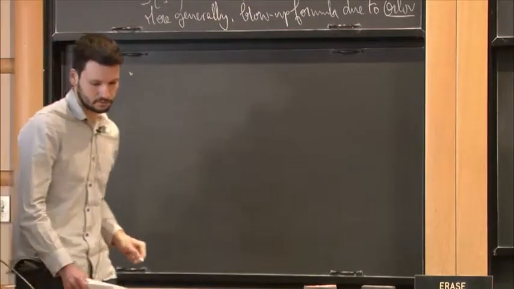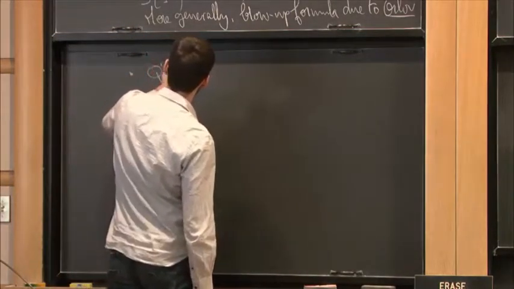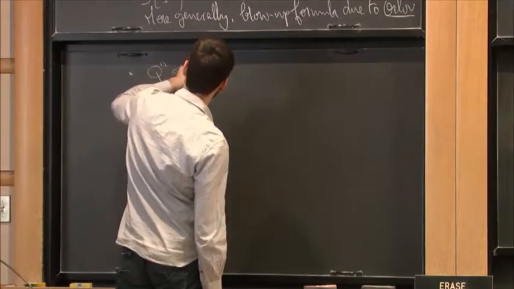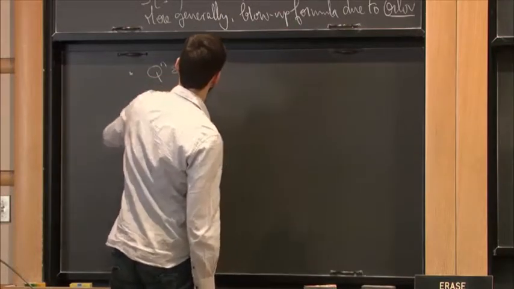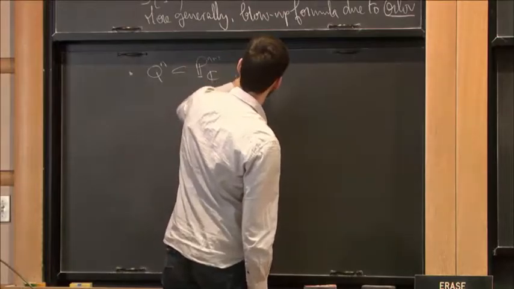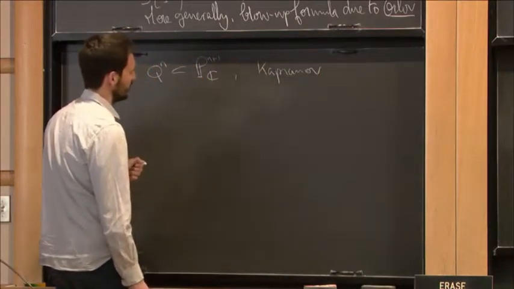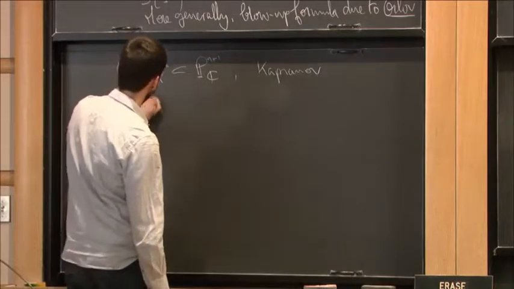And then there are plenty of examples. So for example, there are the smooth projective quadrics, so over C. So in that case, this is due to Kapranov, maybe 15 or 20 years ago.